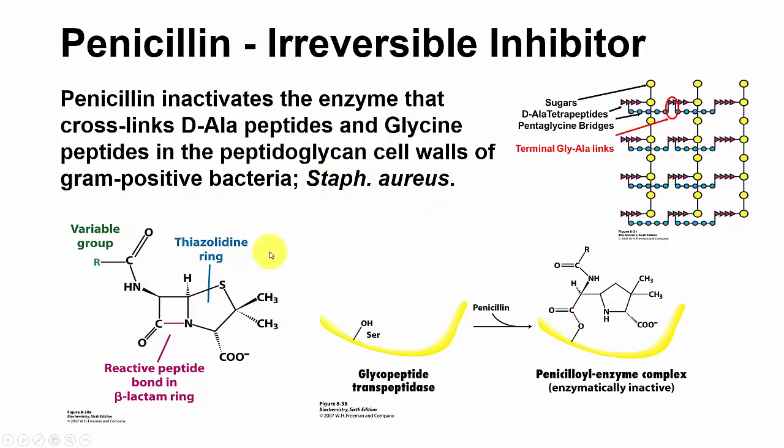And so here is the enzyme. Here is penicillin, and it reacts with an active site serine to form this acyl complex here. And so this is an irreversible reaction, and this complex is enzymatically inactive, so it's dead.